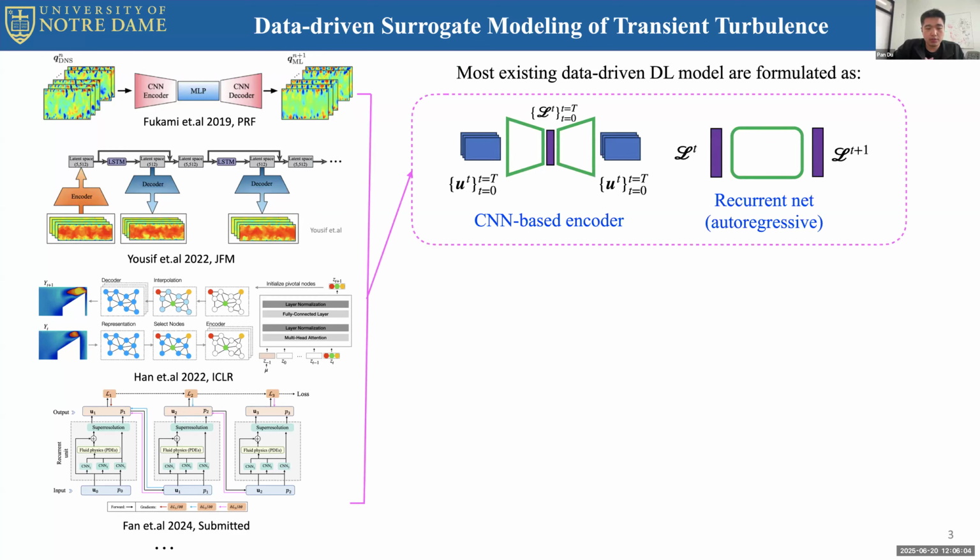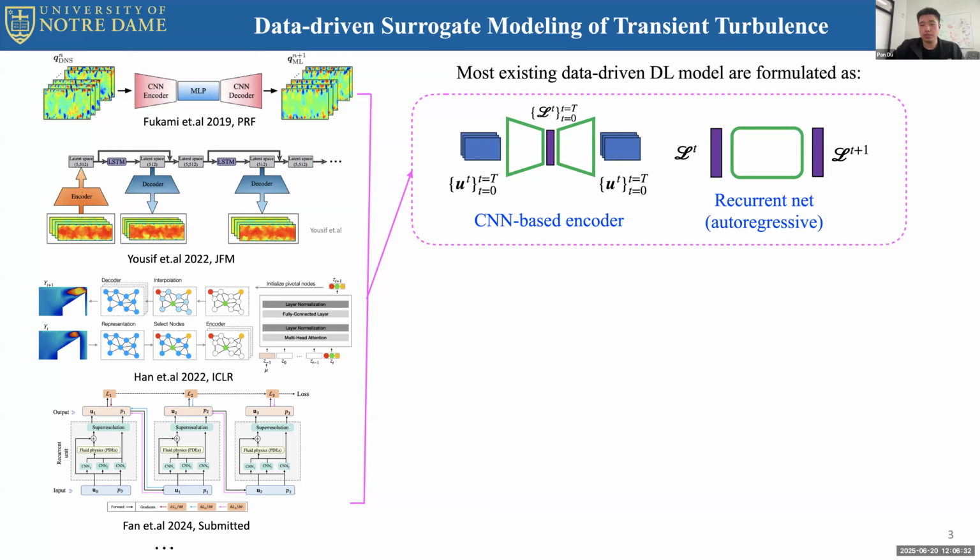To overview the previous methods, we can identify that they typically use an architecture where we have to use a neural network-based encoder to compress those large-scale turbulence data into latent space. Then we use a recurrent neural network to learn from the previous latent encoding to the next one.